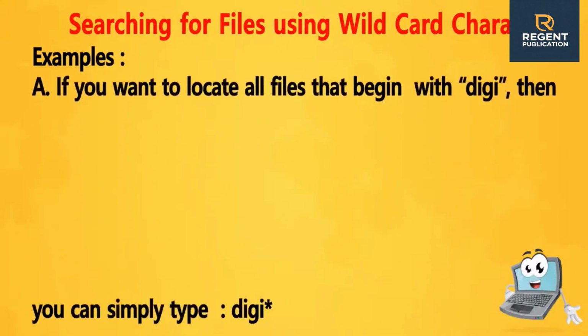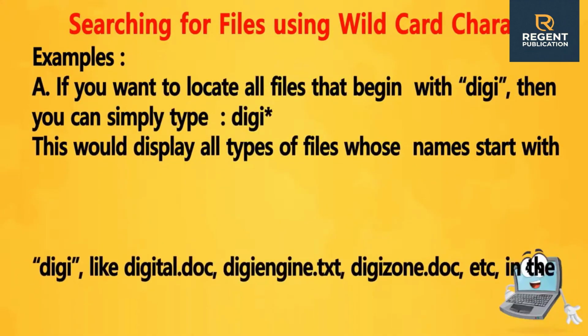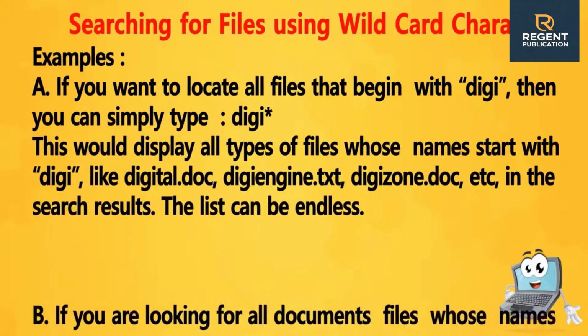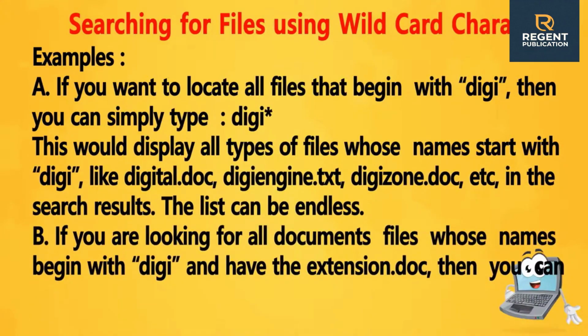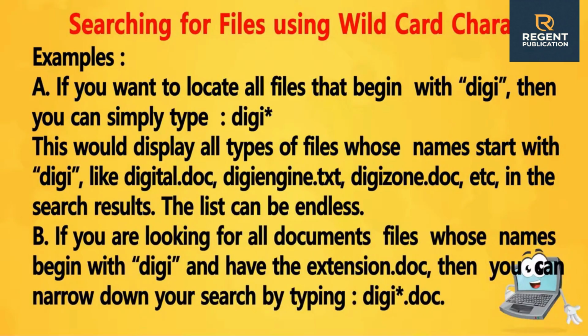Examples: If you want to locate all files that begin with digi, then you can simply type digi asterisk. This would display all types of files whose names start with digi, like digital.doc, digiengine.txt, digizone.doc, etc. In the search results, the list can be endless.